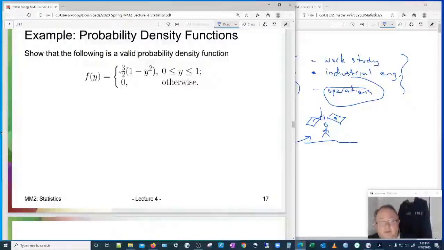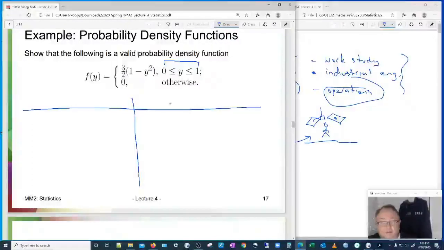One of the parts is the function value over a restricted domain, and 0 otherwise. Okay, so let's see if we can ascertain the 2 conditions. We want the sum to be 1, and we also want the function should always be positive. So we can do both of those.